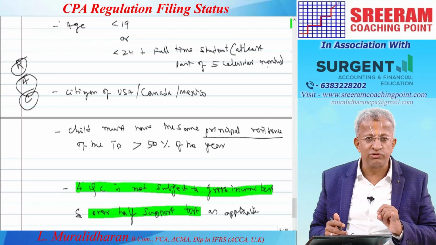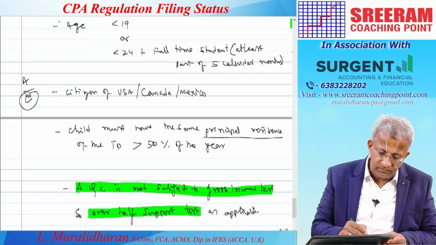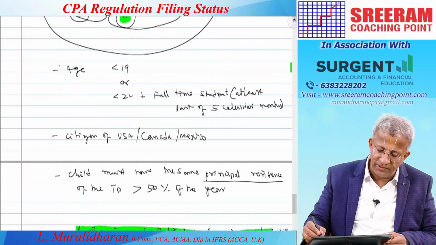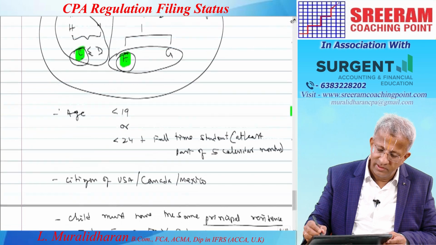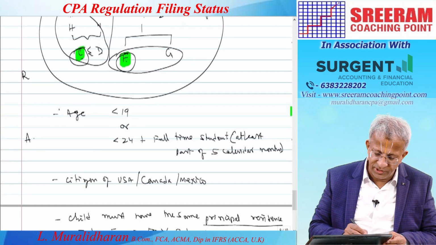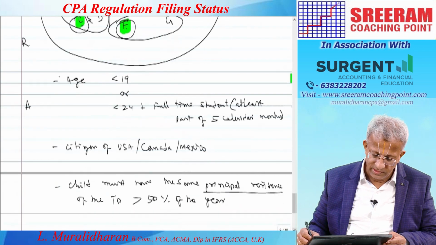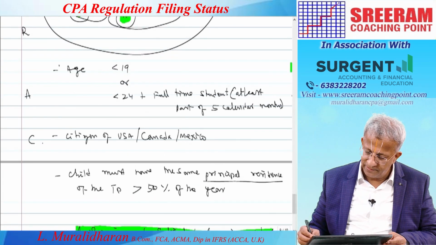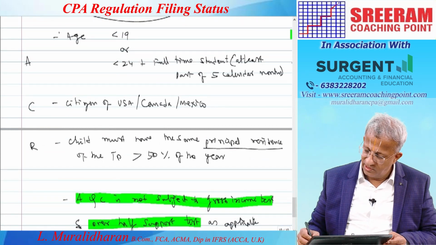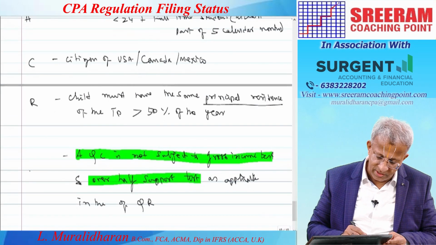So, first and foremost, the first point is the relationship test, then age test, citizenship test, then residential test, then support.